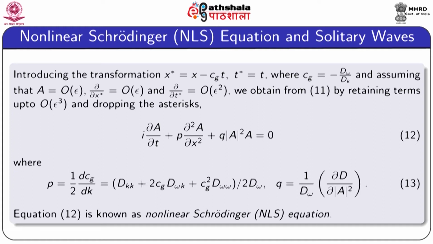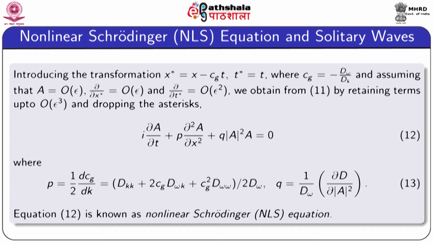We also assume that del del x star is of order epsilon and del del t star is of order epsilon square.